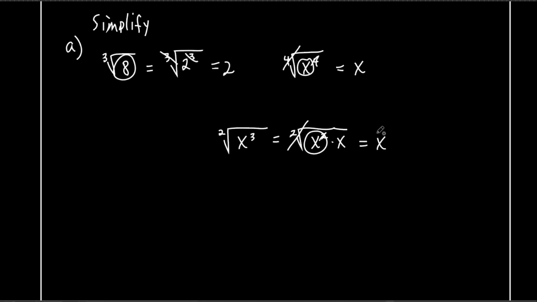What do you still have, though? You still have another x, and it's underneath a what? A square root. Everybody see that? So this x just comes out by itself. But this one right here is still inside the square root, so we still have to keep it inside the square root. So that's how you would simplify that.